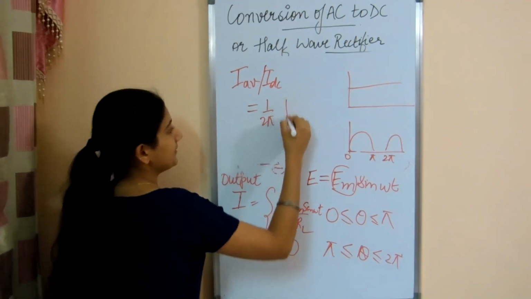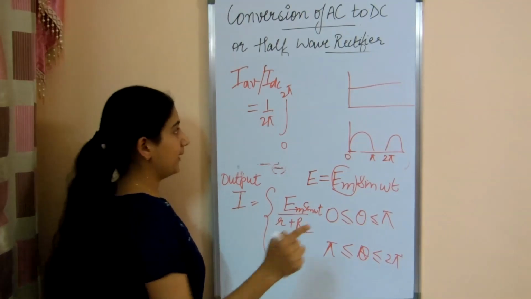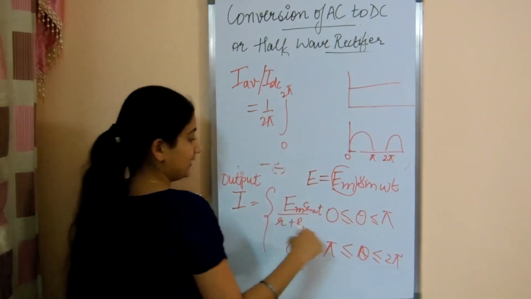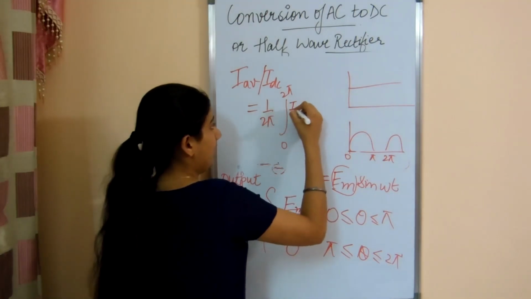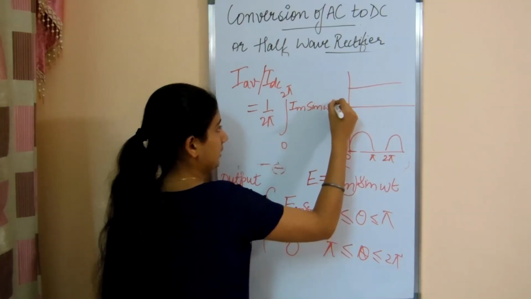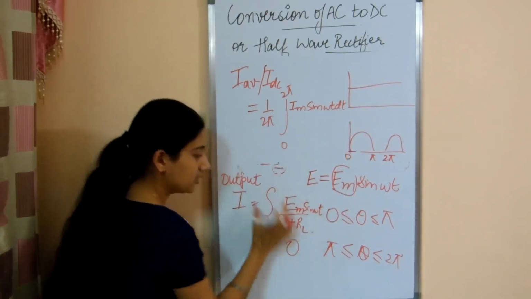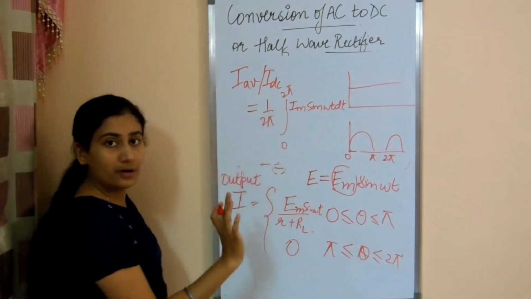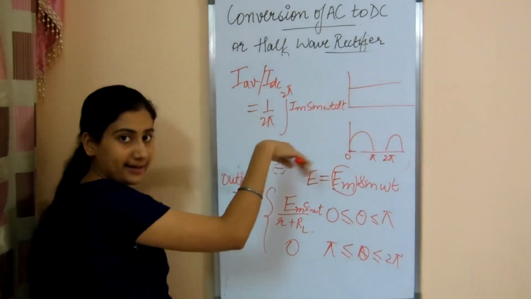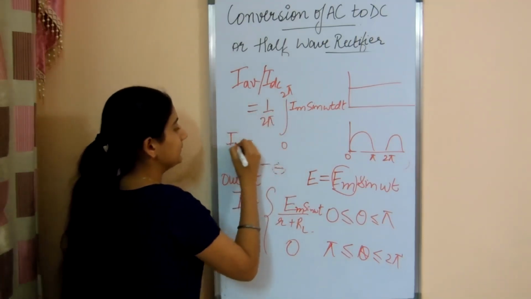So for 0 to 2 pi there is one cycle, and its value I have calculated here as Im sine omega t dt. Here this is Im. So this is the value for one particular cycle. So when we integrate it, what I am going to get is that IDC.